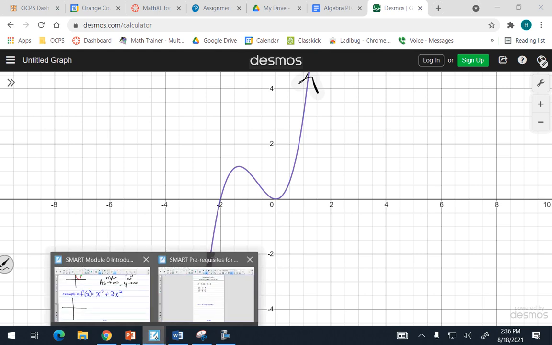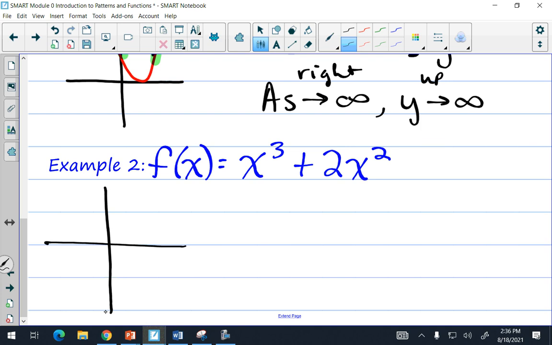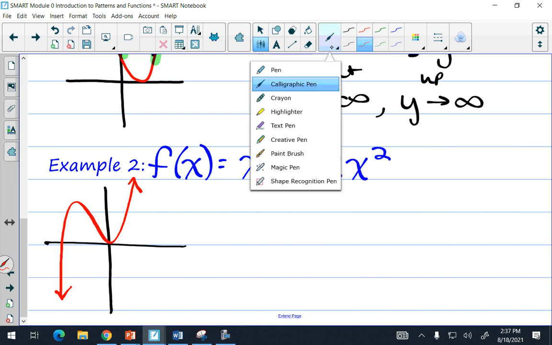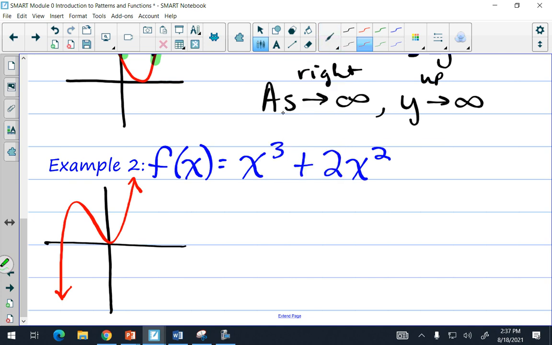So let's go back to our notes and do a quick sketch. We're not worried about this being perfect, but we do want to be able to read it. Okay. So on the left, which is this part here, as x approaches negative infinity, which is my left-hand side, I'm waiting on my board to catch up with me again. I guess I'm going too fast today.